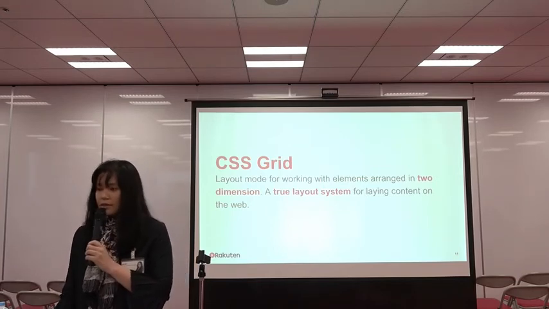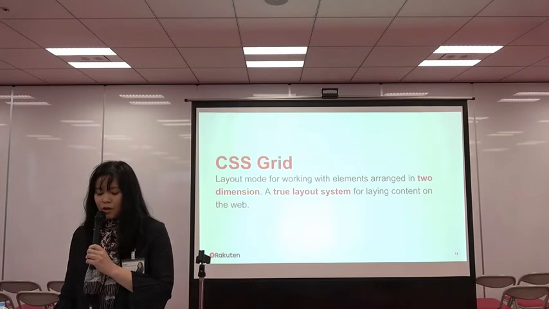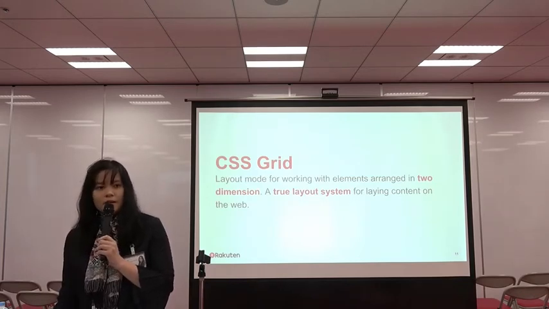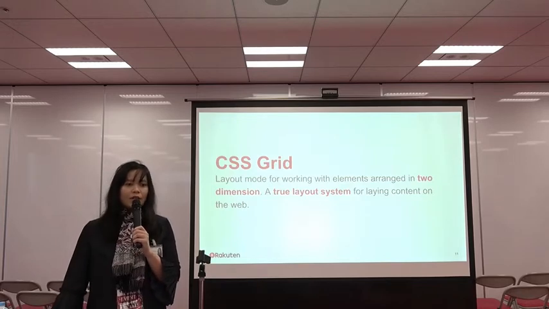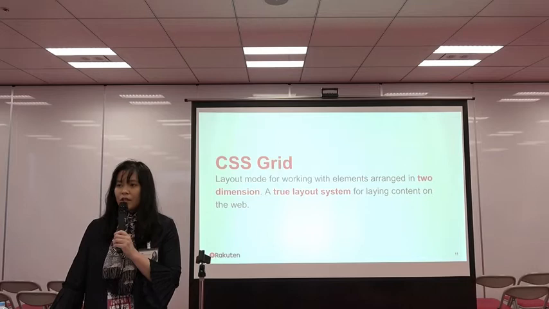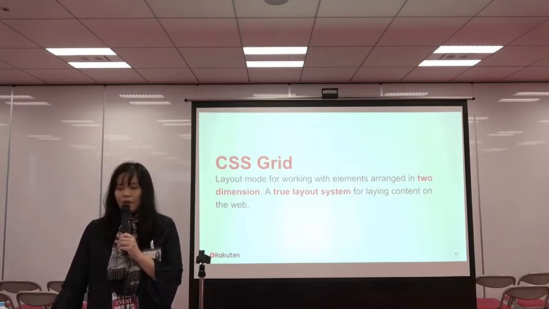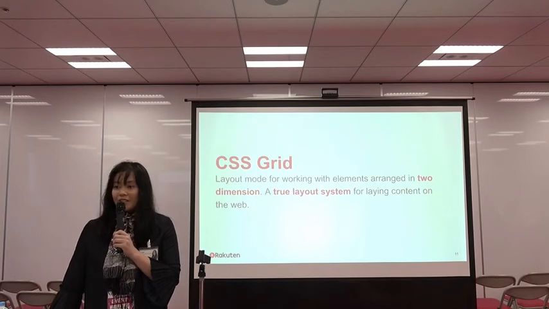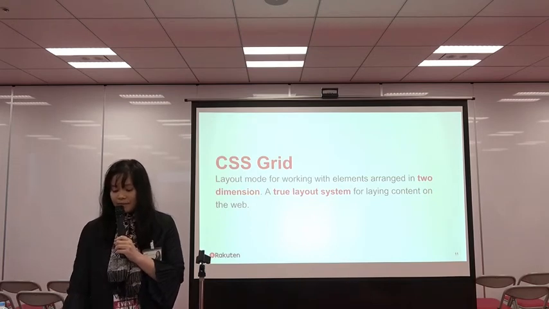So CSS grid is actually a new layout mode for working with elements arranged in 2 dimensions. With CSS grid, you can actually manipulate the rows and columns of your layout easily, giving you a true layout system. You're no longer imitating a grid system with CSS grid, you actually have a grid system.